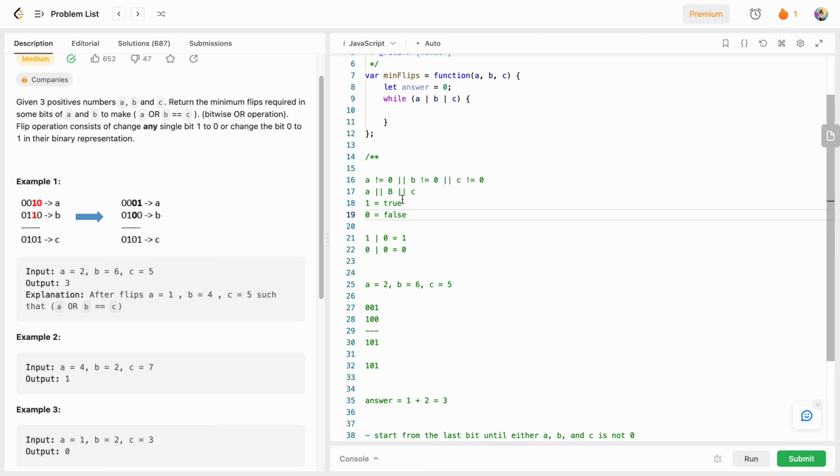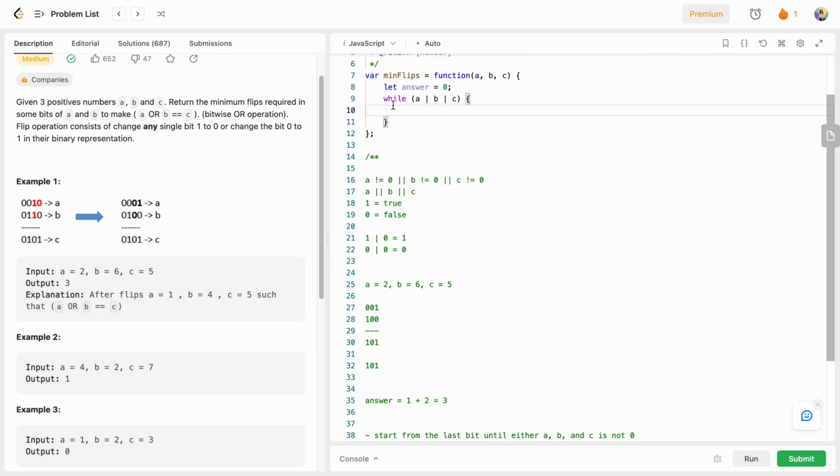So you could just do it this way, and if A is equal to 1, then that would be true, and if it is equal to 0, then that would be treated as false. So this can be written as this, because here we are checking if they are at least 1, if they are not 0, and that is the same thing we are doing here. But here we are using a bitwise operator, and here it is the logical OR operator. So that's the only difference.